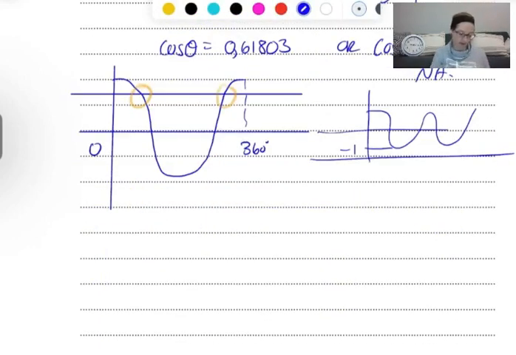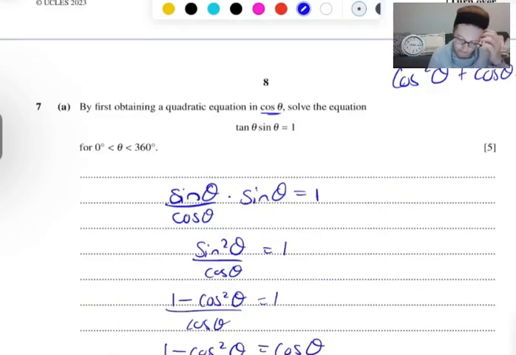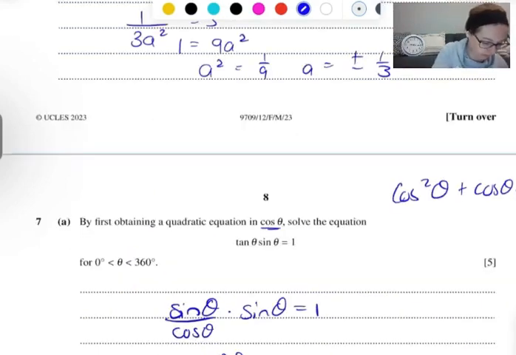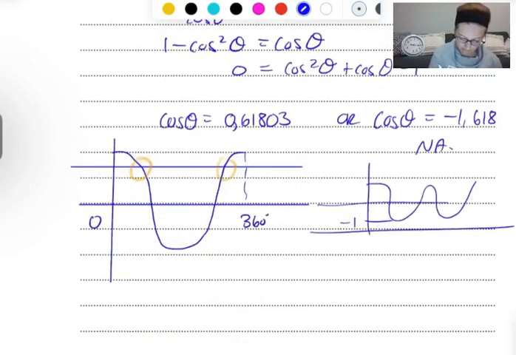If I then get my inverse cos of 0.618, make sure you are in degrees. I just got that out in radians. Okay, this gives me theta is 51.8 degrees. That's the one angle, and now I need to use symmetry to find the other one. I always get my negative angle, and then I add 360 to it.